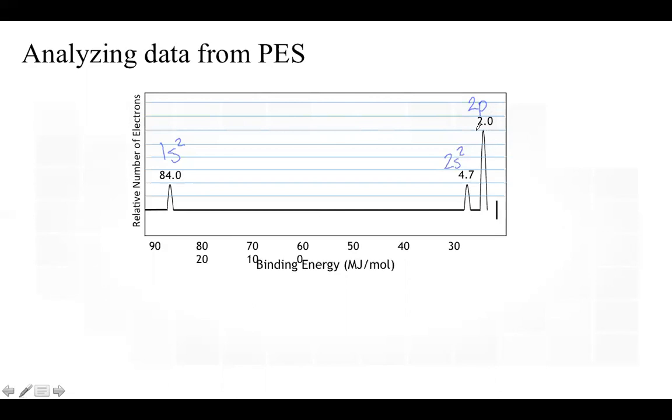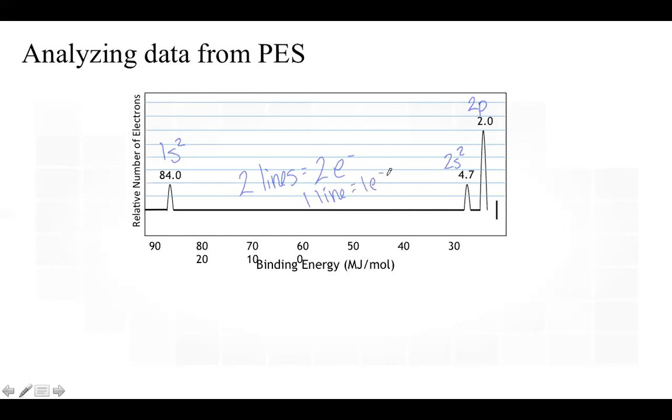Comparing those peak heights, we see that the 1s and the 2s, which both have 2 electrons in them, have a height that is 2 lines high in this case. So 2 lines represent 2 electrons. So one line is 1 electron.